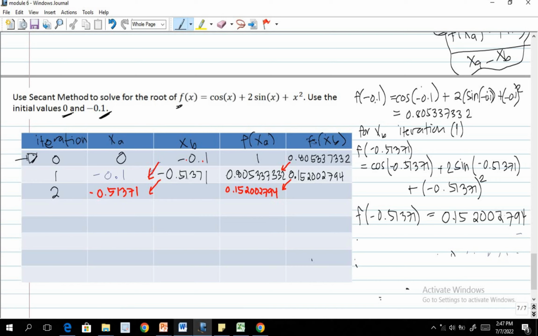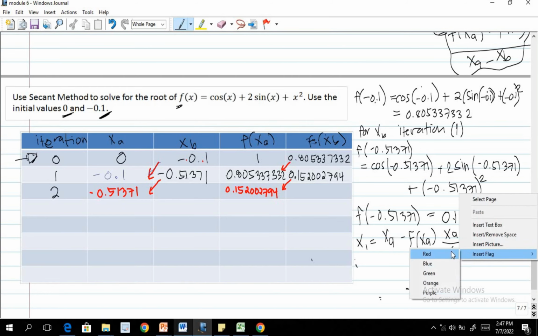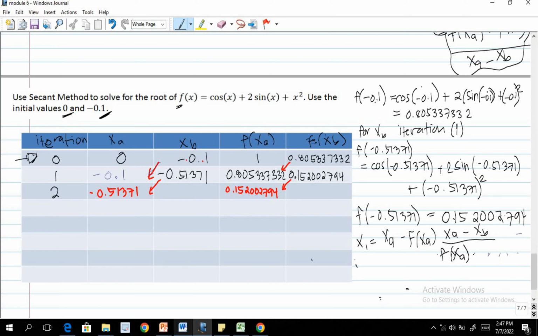Ayan. So, ang i-compute ko na lang ngayon ay yung xb ng iteration 2 at saka yung fxb ng iteration 2. Paano ulit kunin yung xb ng iteration 2? I'm going to use the equation x1 is equal to xa minus f(xa) times xa minus xb over f of xa minus f of xb.